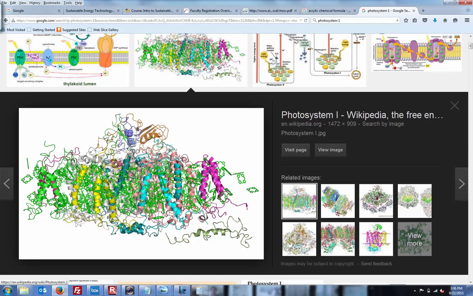This is how nature does it. We have not figured out how to build one of these yet, but this is the actual protein complex that takes photons and converts that photon energy more or less into electrical energy.